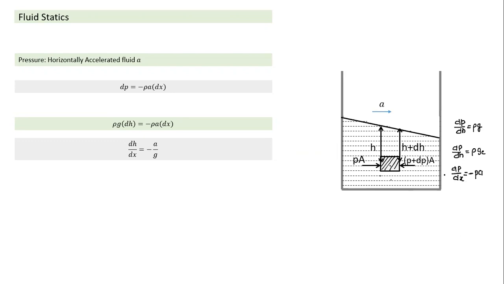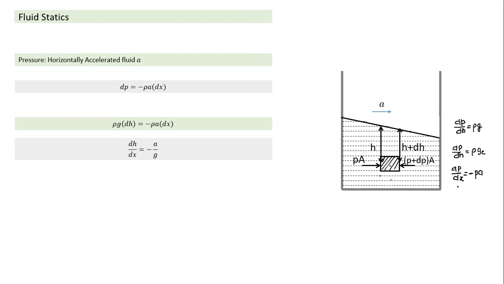Now the second question: if the pressure is more, how is more pressure developing here? The pressure depends on the height of liquid above that level. If the pressure on this side is more, the liquid height on this side has to be greater than on the other side. So there is a difference in height, and dH by dx becomes the slope of the liquid surface.